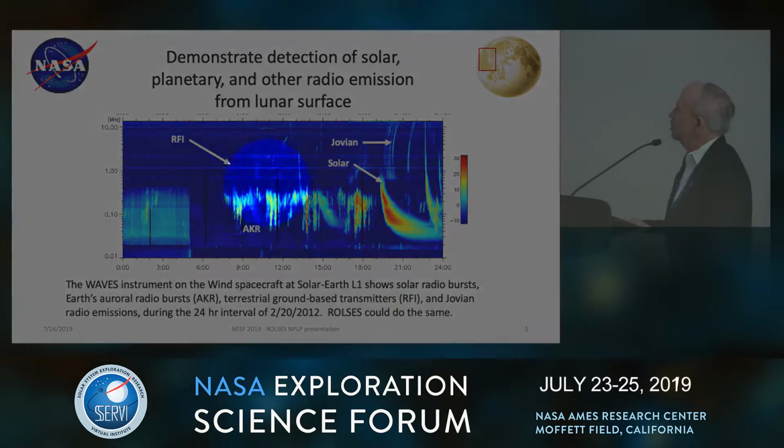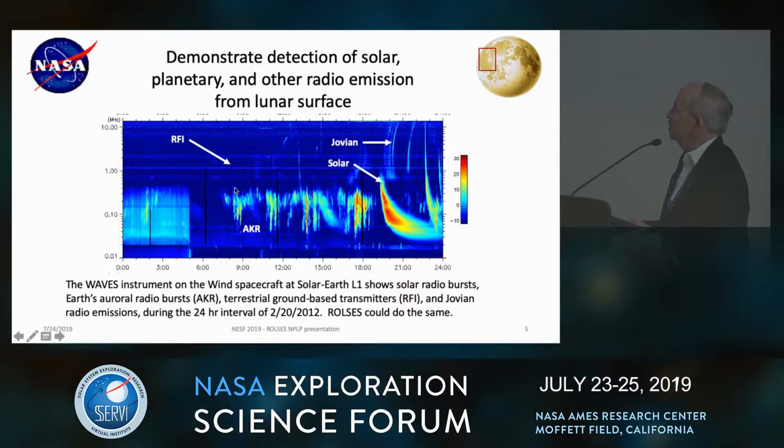We'll see solar radio bursts. We might see Jupiter, and Wind at this point, as it has been for the last 20 years, is out at the L1, the solar-Earth L1 Lagrangian point. So the RFI from Earth that it sees is quite weak, but it still sees the sun.